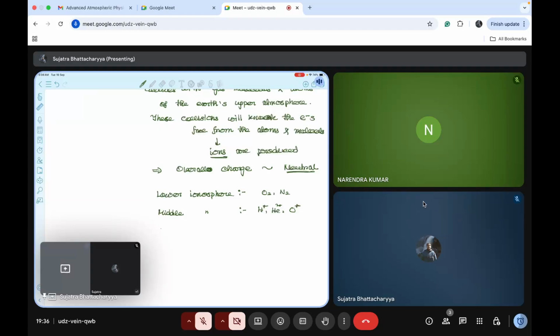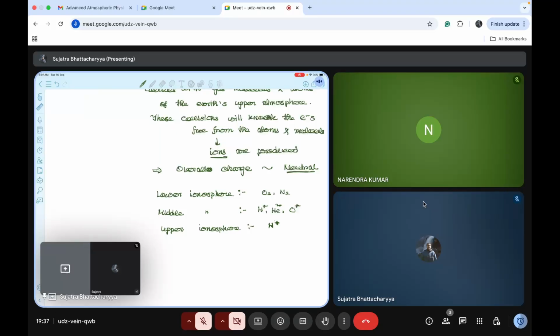Okay. And finally, in the upper atmosphere or upper ionosphere, the majority will be H plus. Why will H plus be at the uppermost level? Because its density is less. Hydrogen's density is less, so hydrogen gas will be more towards the upper atmosphere, and denser gases are towards the lower atmosphere. Now, if you have hydrogen at the upper atmosphere, collisions will knock off some electrons and give you H plus.